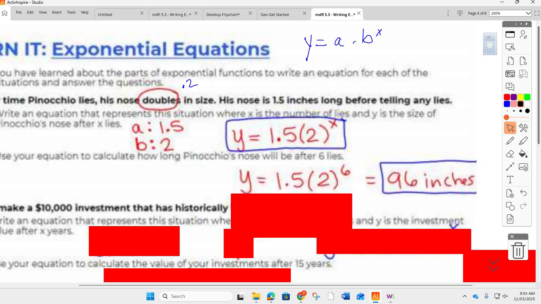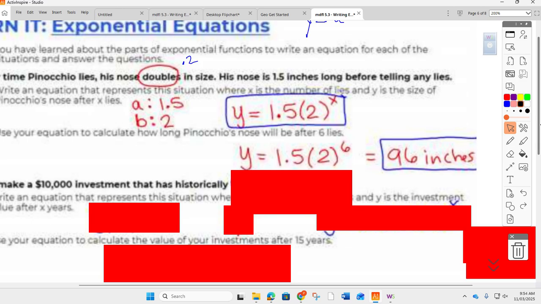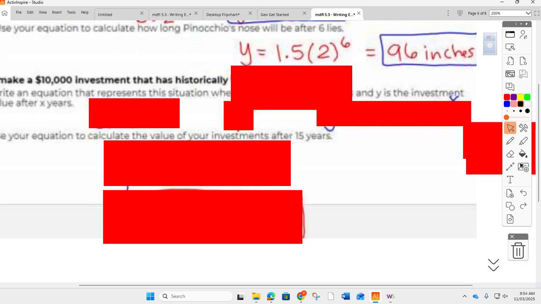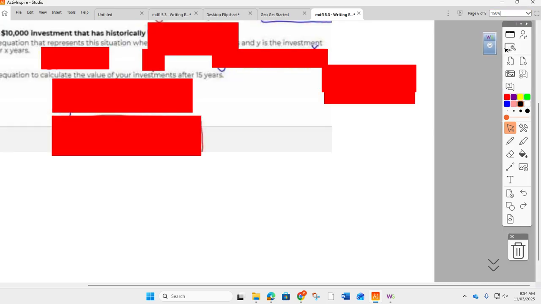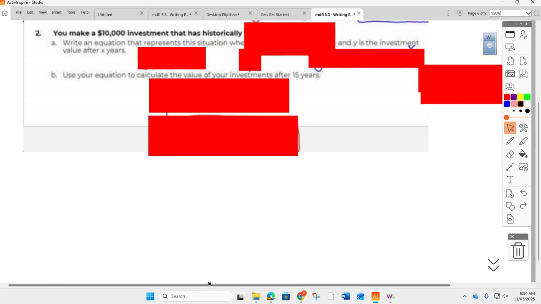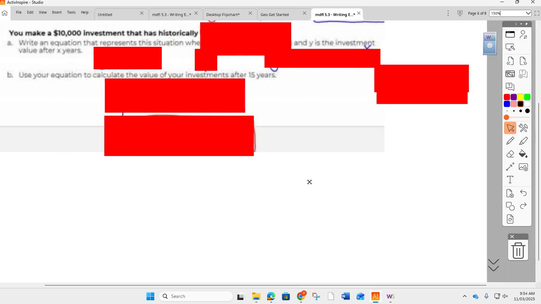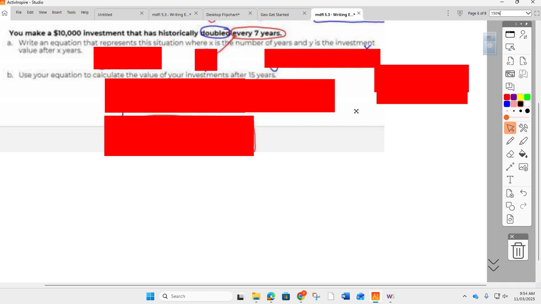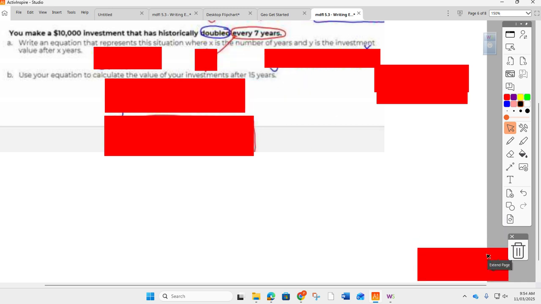All right, well, it's kind of a silly example. What we're going to be using it for is more financial. So we're going to look at this next example. It says you make a $10,000 investment that has historically doubled every 7 years. So we need to clarify something.